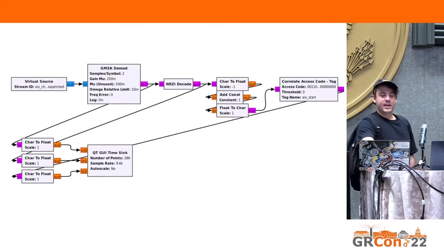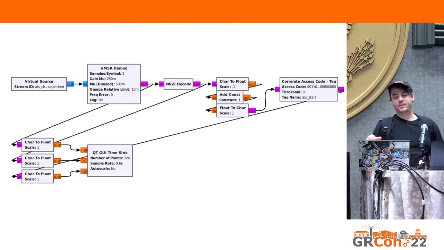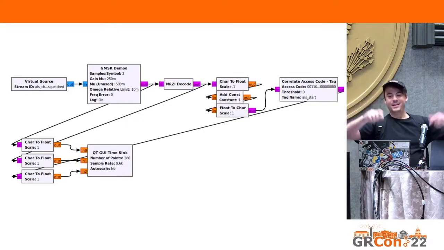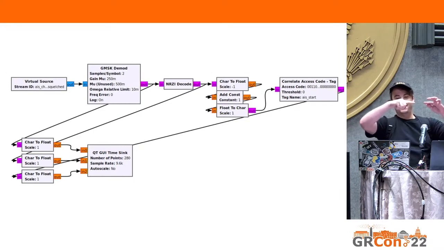Then we take that squelched signal, and AIS is GMSK, so we do GMSK demod. Then it's NRZI decode. Then we flip it, because NRZI is going to be inverted and I like to see the 0 be at 0.